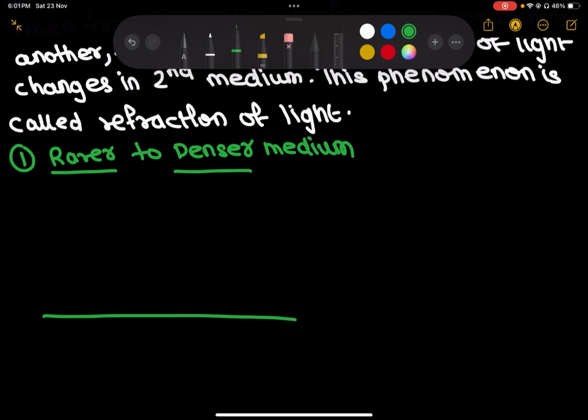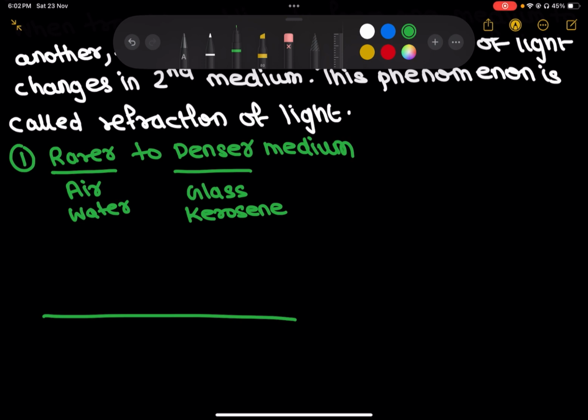Take an example: rarer is air, denser is glass. Rarer is water, denser is kerosene. Rarer is water, denser is glass. Anyways, rarer basically means that it has less density, and denser means it has more density. That is basically the difference between rarer and denser medium.